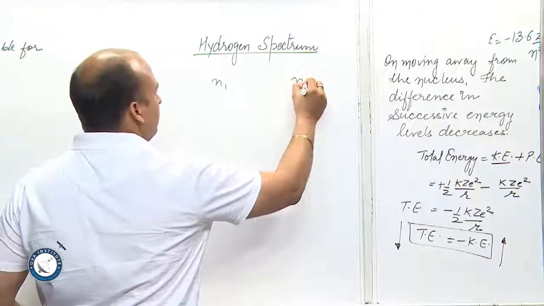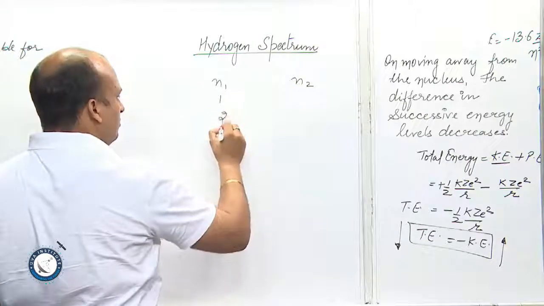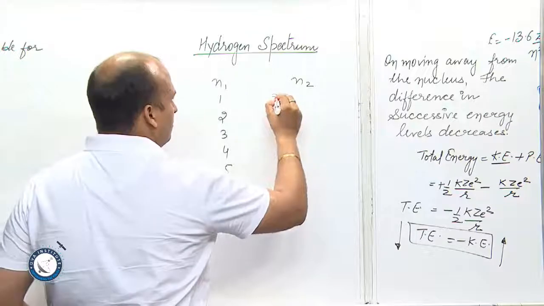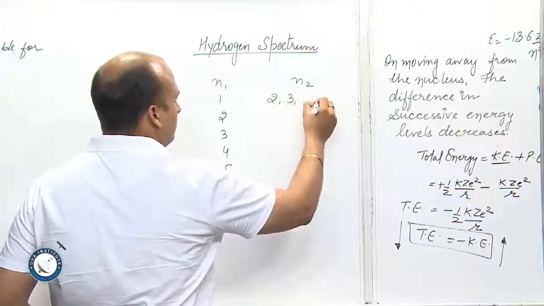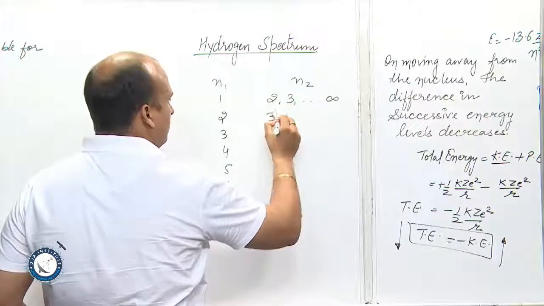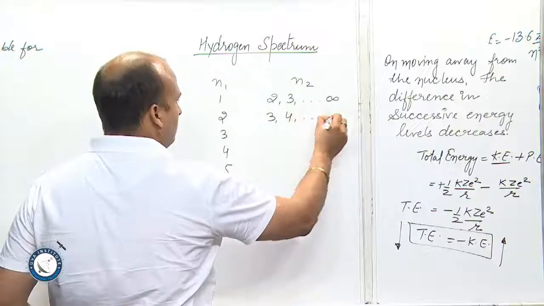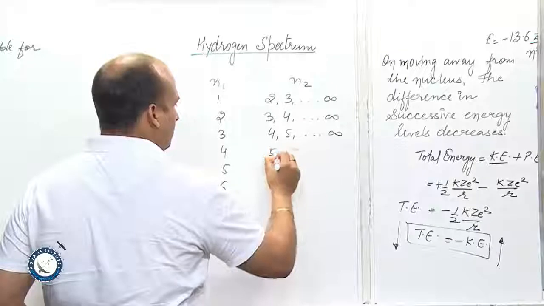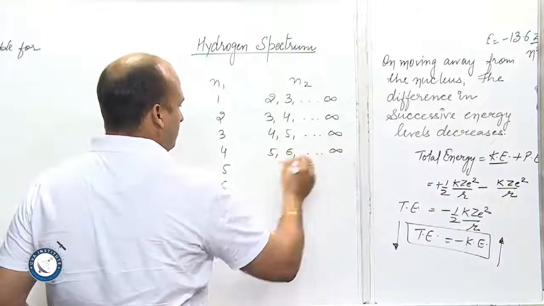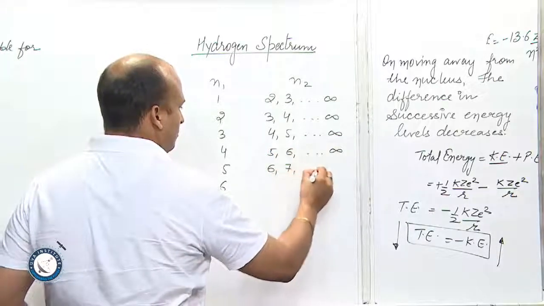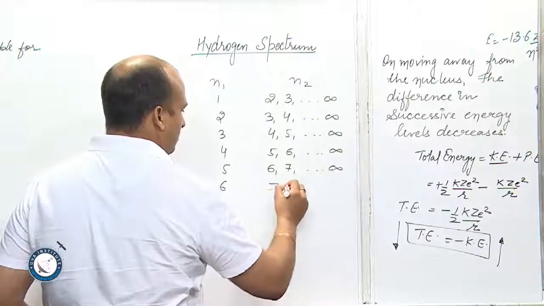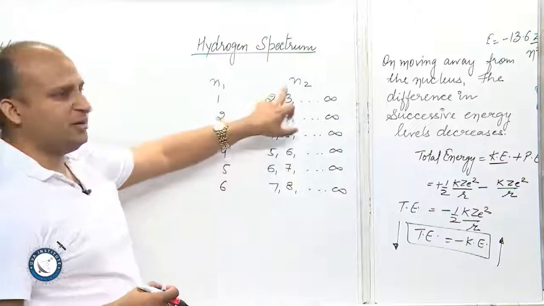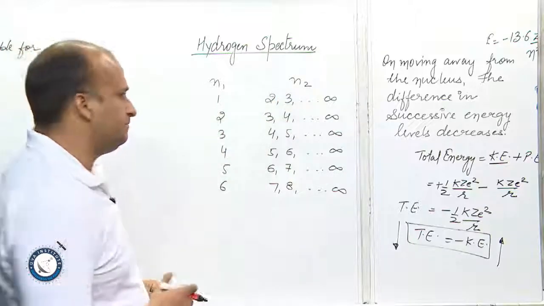N1, N2. N2 is the orbit from which the electron is falling.